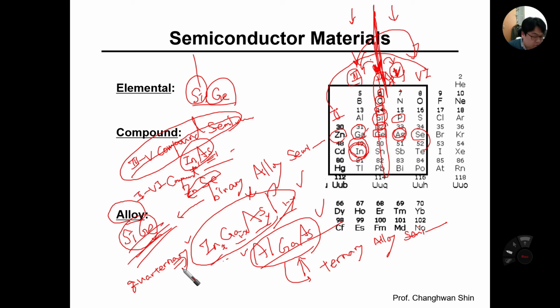So in this lecture note, please remember what the elementary, compound, and alloy semiconductor materials are, and you can name representative semiconductor materials for each class: silicon germanium as binary alloy semiconductor, indium arsenide as 3-5 compound semiconductor, and silicon itself, standalone silicon, as elementary semiconductor material.